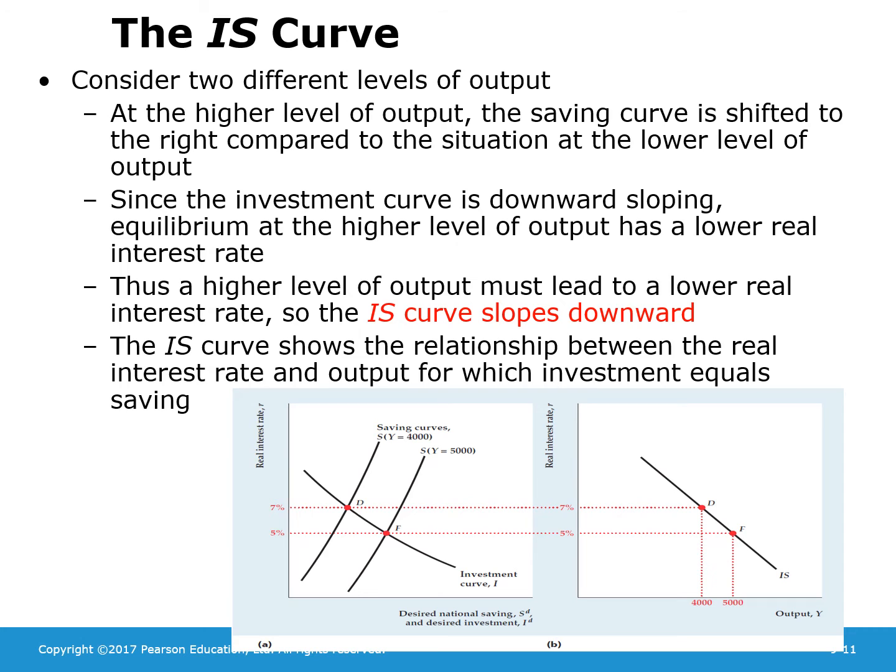So point D in both figures, figure A and figure B, and point F, these two points are goods market equilibrium points, because at these points saving is exactly equal to investment. And as we said, the IS curve will slope downward because a higher output is associated with a lower real interest rate that clears the goods market.